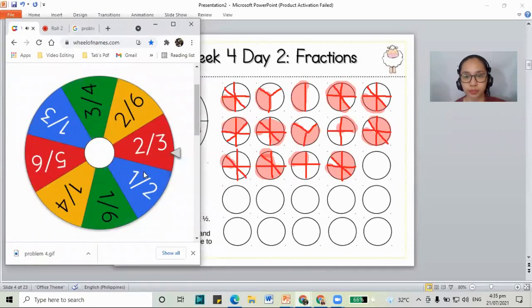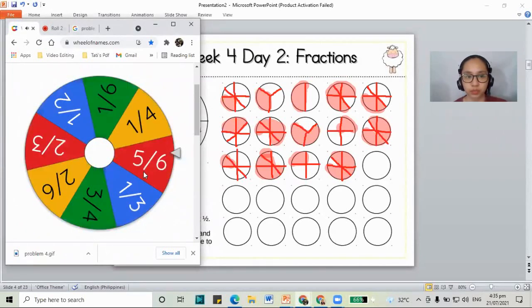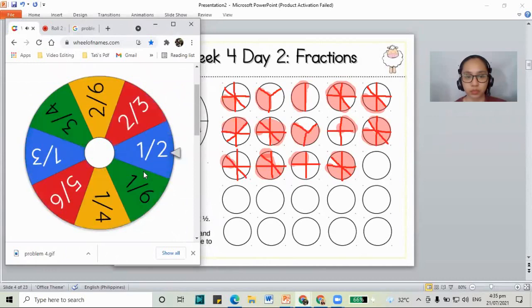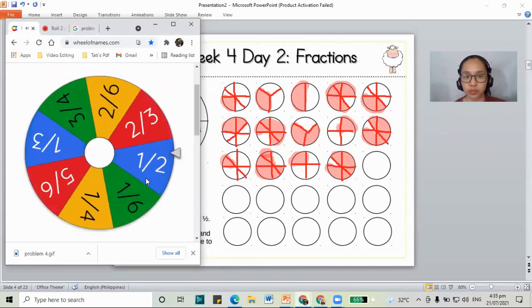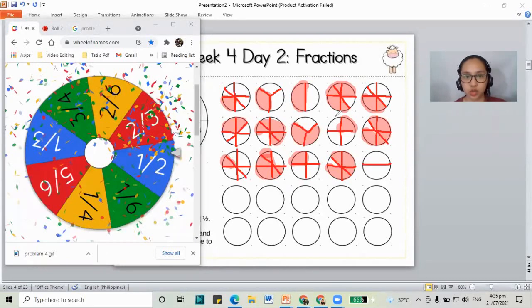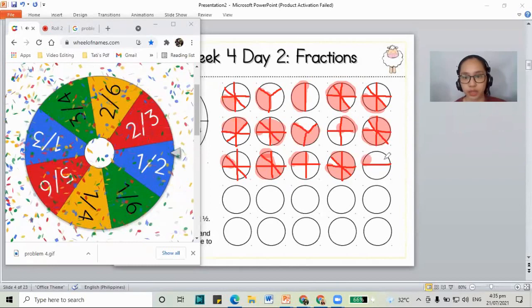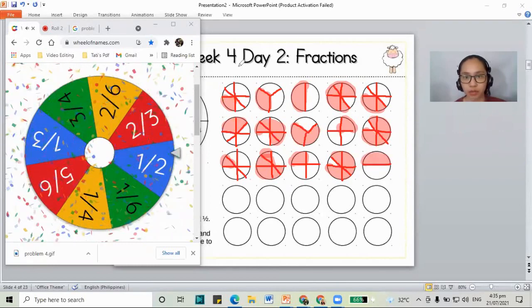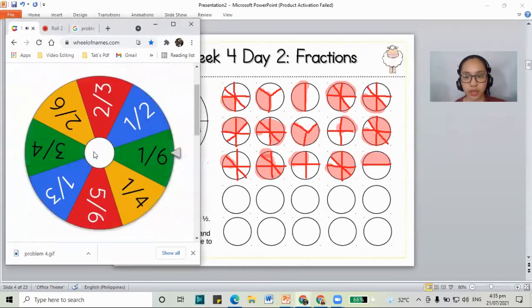Another one. 1/2. There's 2 parts and you get 1. That's 1/2. Let's spin again.